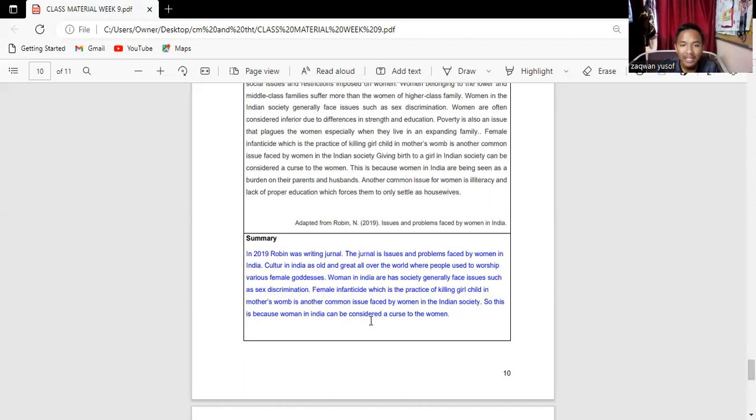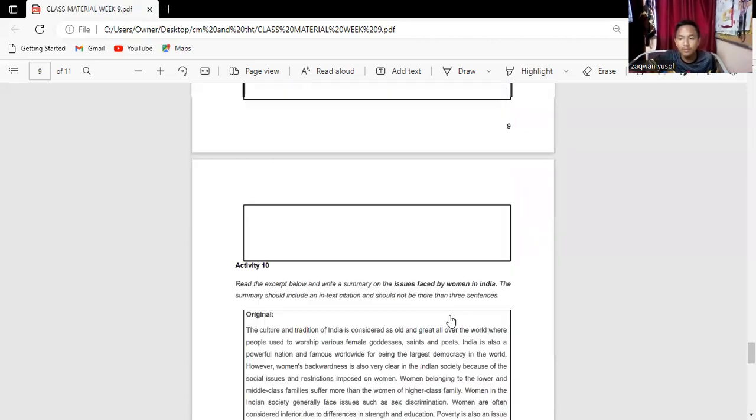Women in Indian society generally face issues such as sex discrimination and female infanticide, which is the practice of killing a girl child in the mother's womb, another common issue faced by women in Indian society. This is because a girl in India can be considered a curse to the woman.